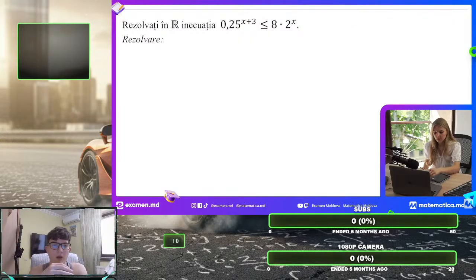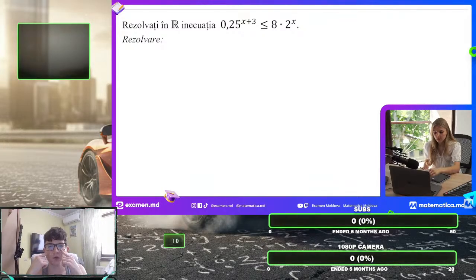So 0.25. Here what you have to do when you see exponents like that, you need to get the same base. So when you have 0 point something, you just write it down as a fraction, which is going to be 25 divided by 100. So simplified by 25, which is going to be 1 divided by 4, and that is the power of x plus 3, smaller or equal to, okay, so we have 8 right there.